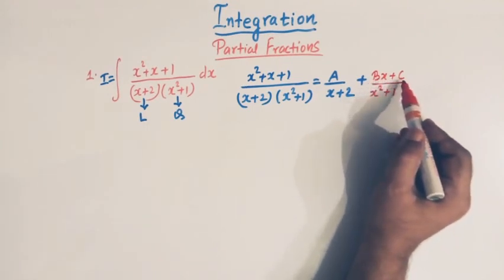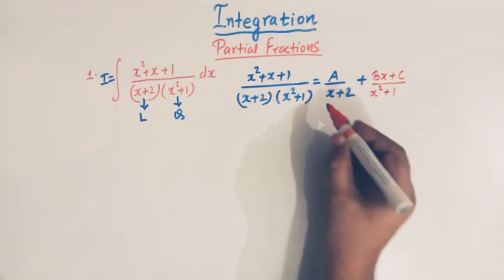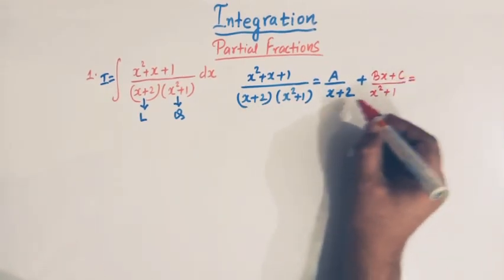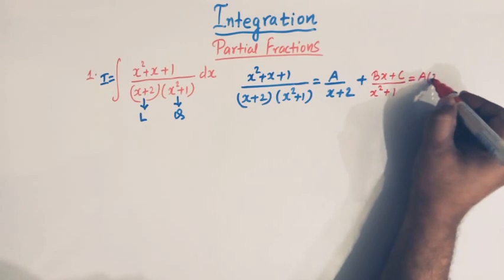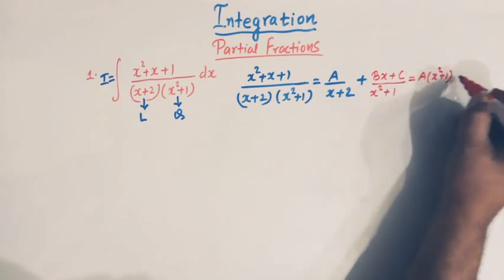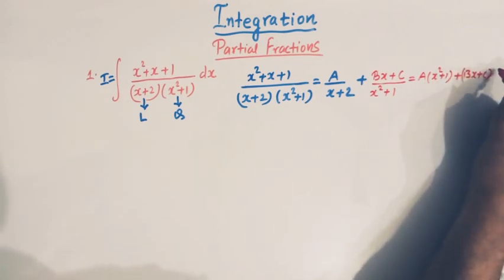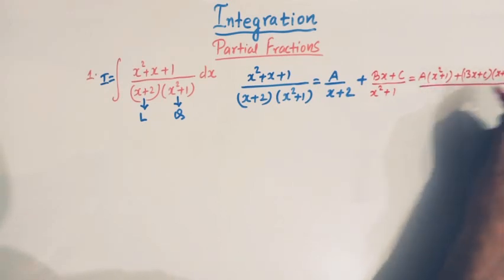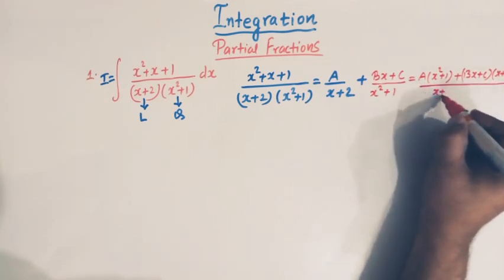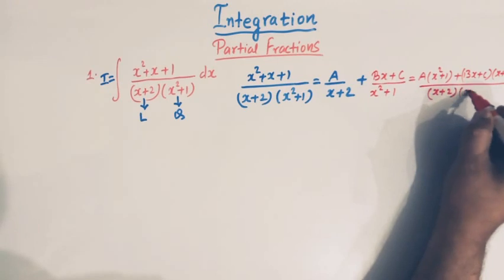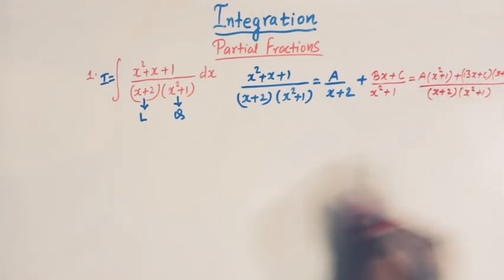Okay, now this can be written as a times x square plus 1, plus bx plus c times x plus 2, and in the denominator we have x plus 2 times x square plus 1, right?